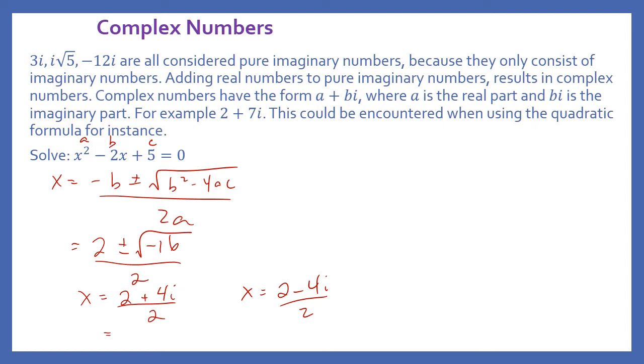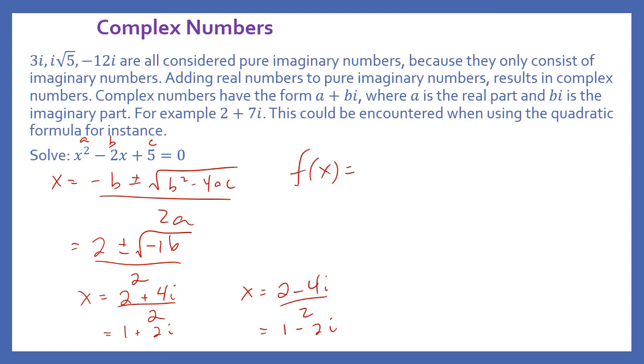So 2 divided by 2 is 1, 4i divided by 2 is 2i. Same idea here, 1 minus 2i. So we've come up with complex solutions to an equation that has only real numbers in it.